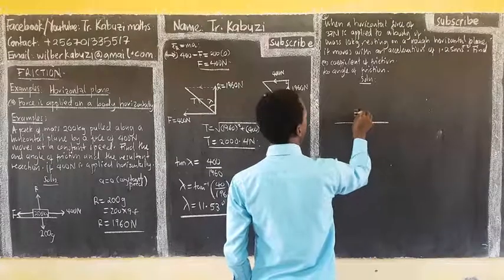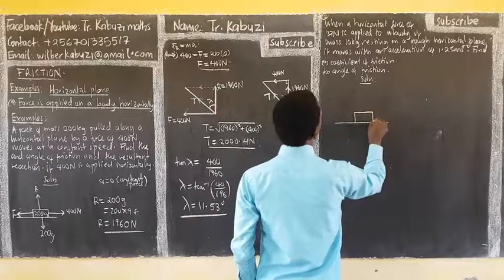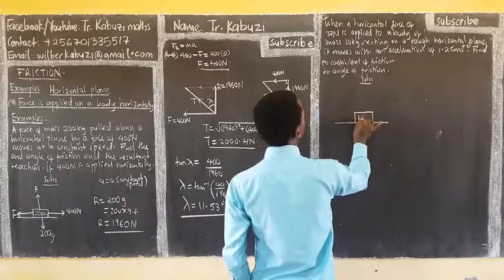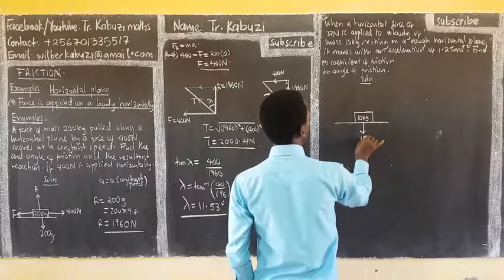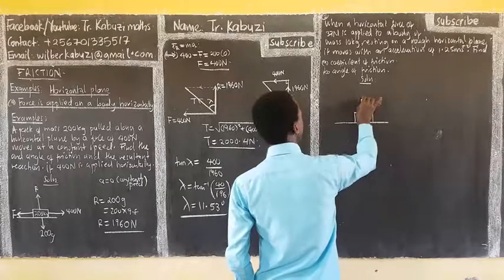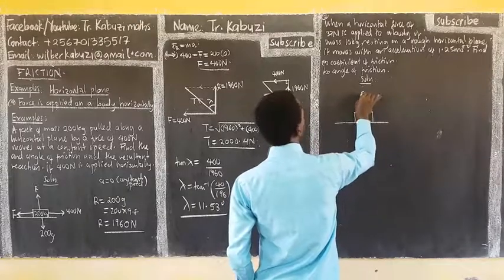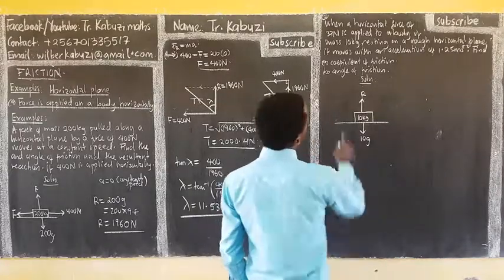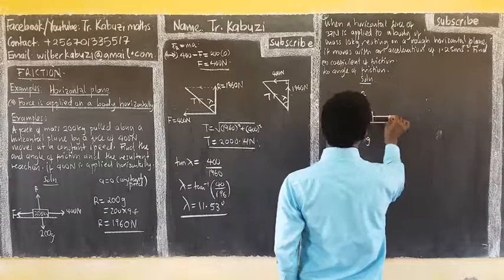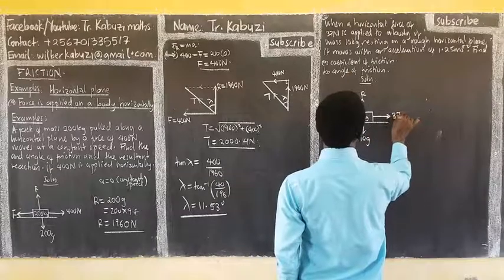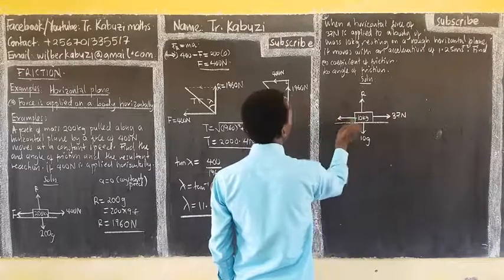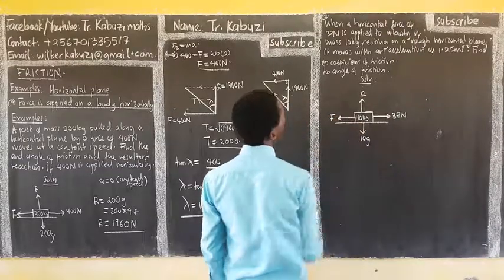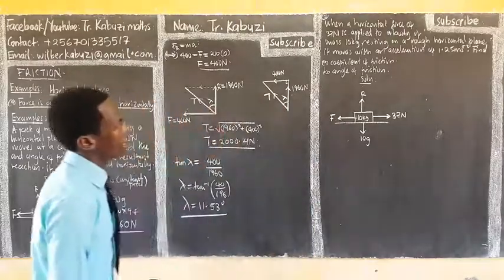So in our solution here we have now acceleration. So we start by giving a simple sketch. We have a body there. This body has 10 kilogram mass. Then we are going to have a weight of 10g, and there is a reaction acting. Then a force of 37 newtons this side. This other side, we are going to have a frictional force because the plane is rough.